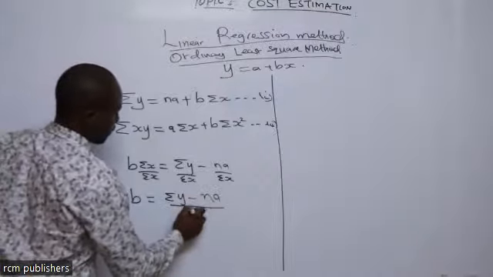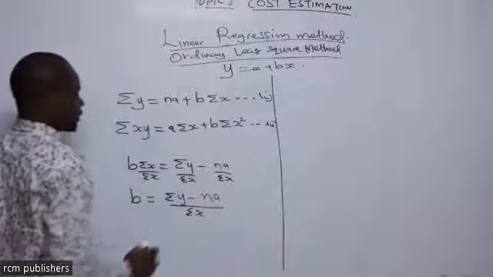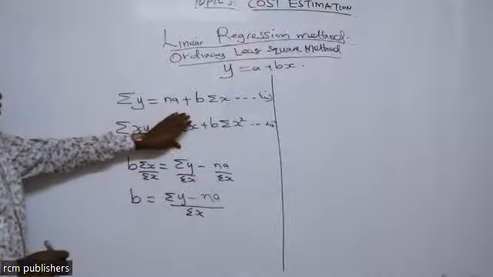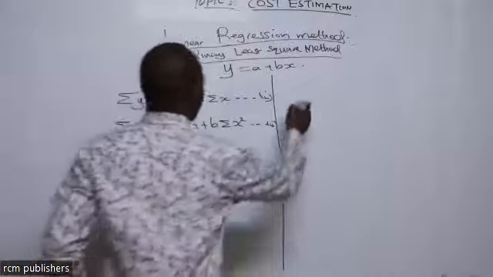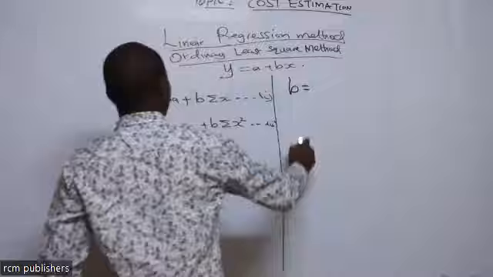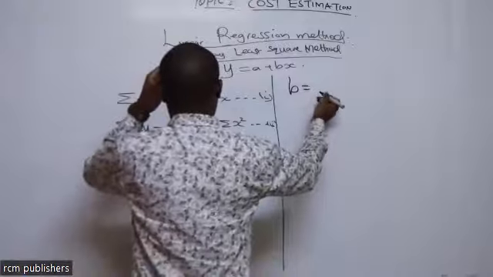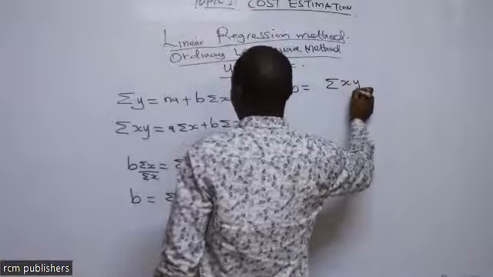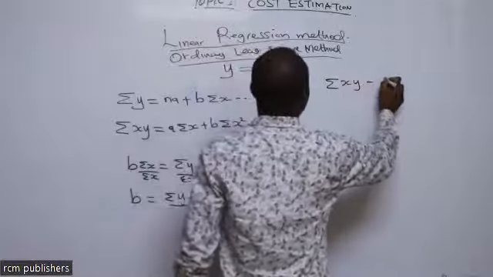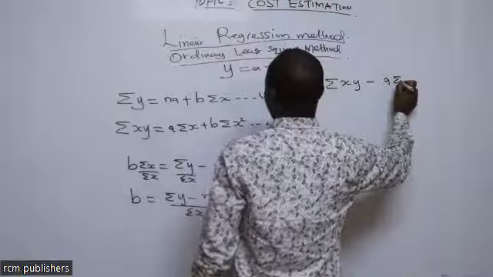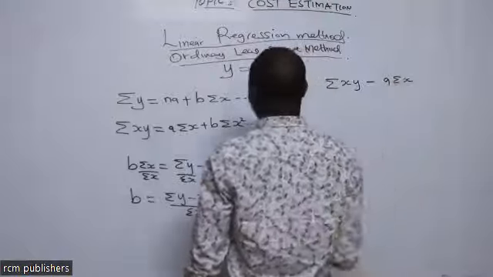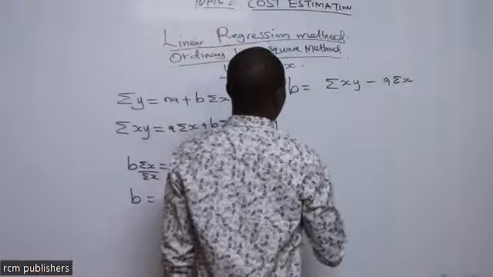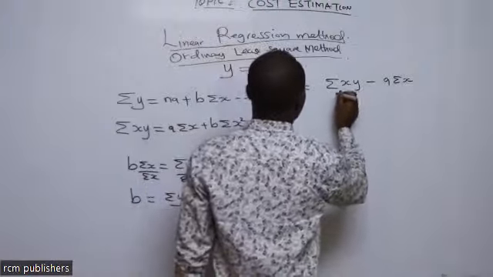Then we have summation of X. Then also make B the subject of the formula here: summation of XY minus A summation of X. Then we divide by summation of X squared.